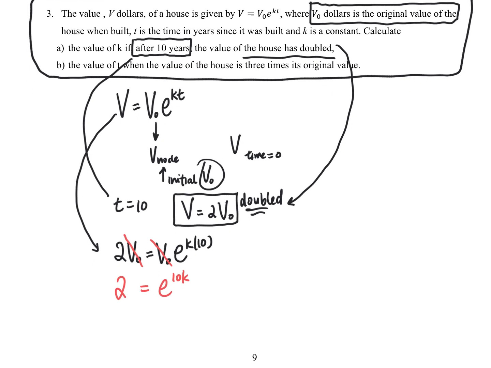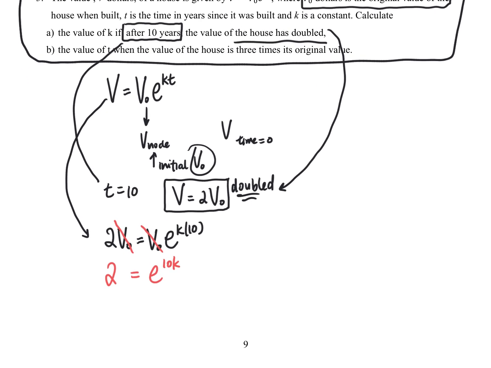So I'm going to tell you now: to solve for the power, you need to ln both sides. When you see exponential, to bring this power down, you need to take a ln. What you do to the right hand side, you must do the same to the left, so I need to ln the 2 as well.